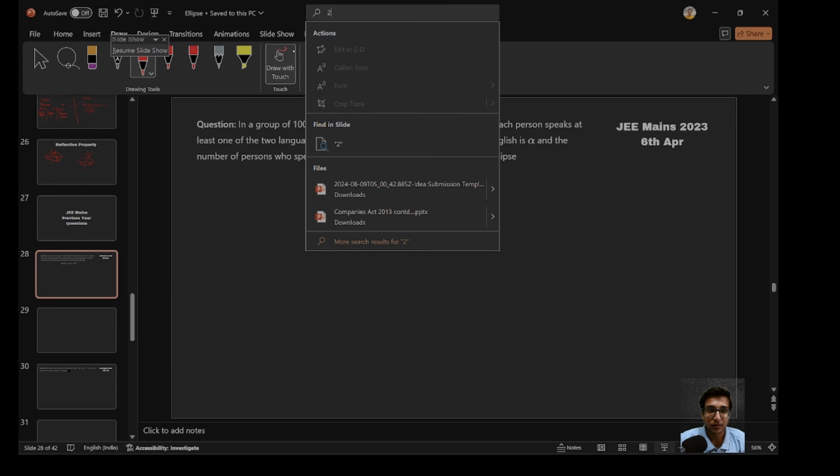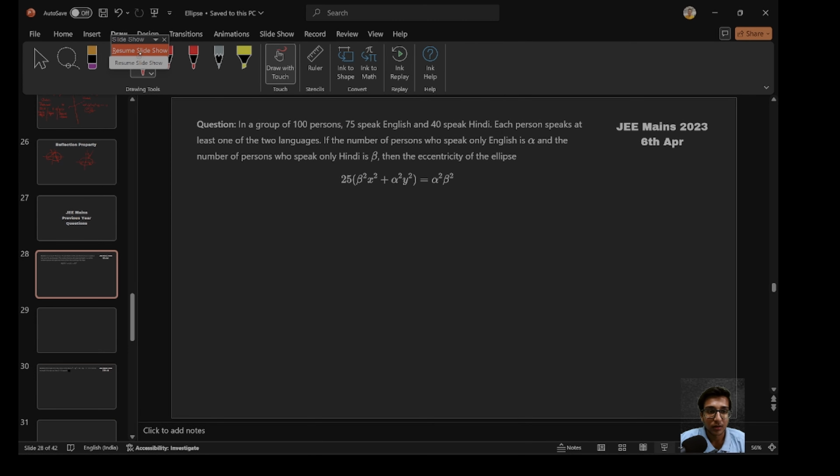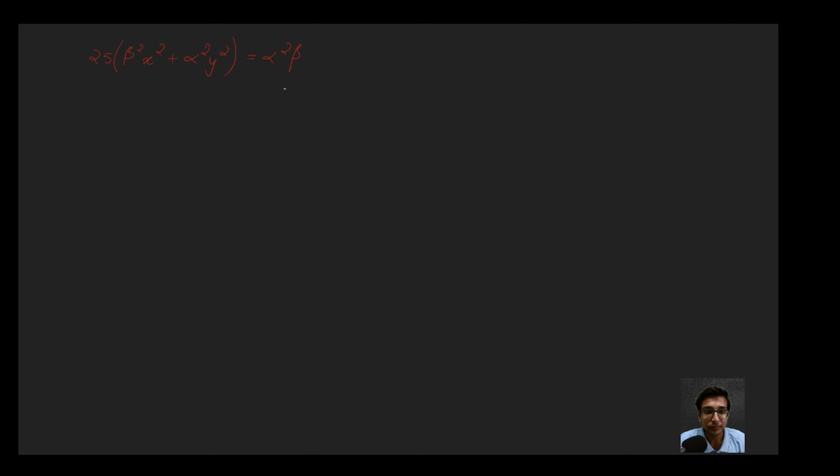So I'll take this to the next page. The ellipse equation is beta square x square plus alpha square y square is equal to alpha square beta square.